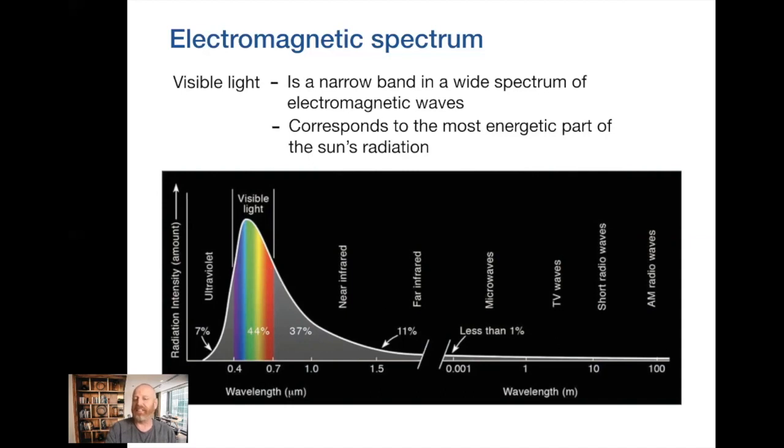And then the rest of it is higher or longer wavelengths than visible light, with the infrared being closest to the visible light, and then a very long tail out to hundreds of meters for the AM radio waves.